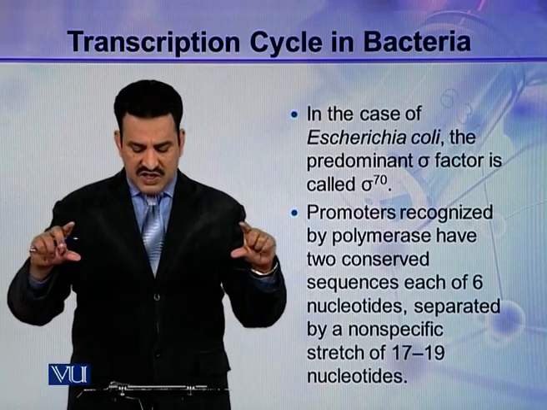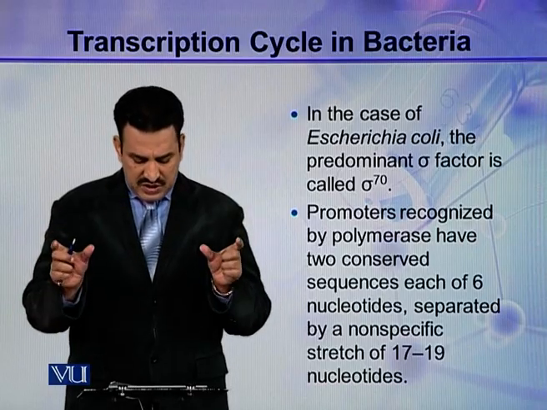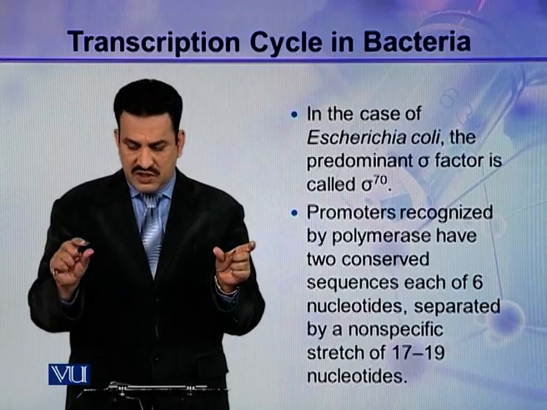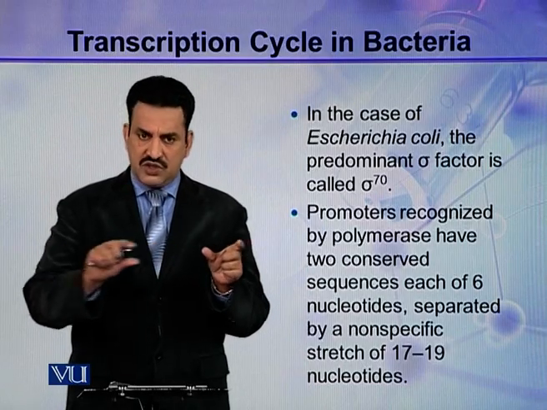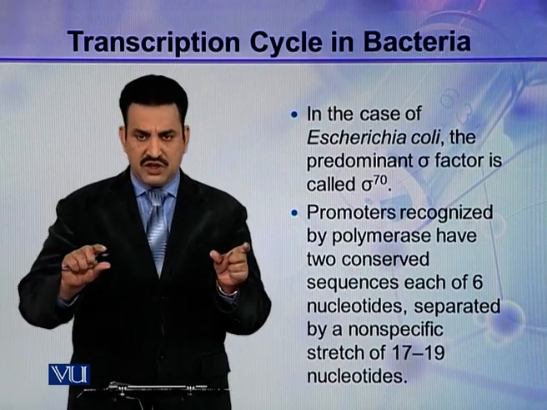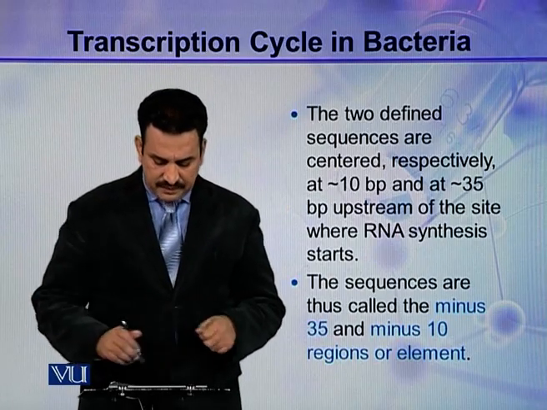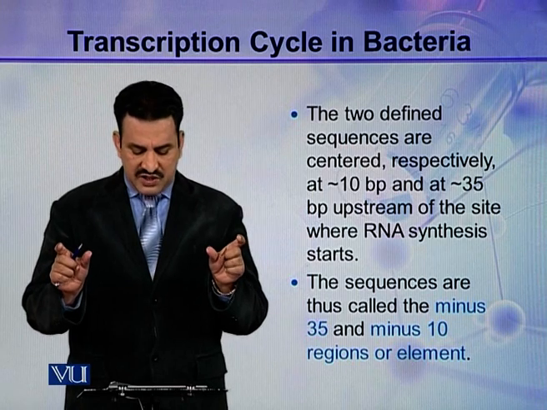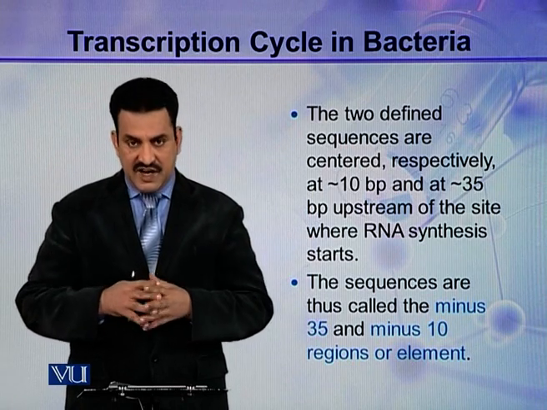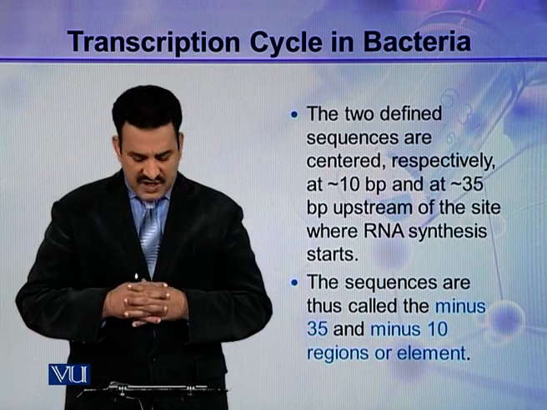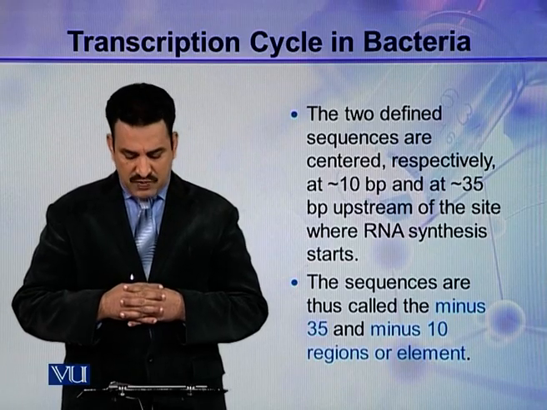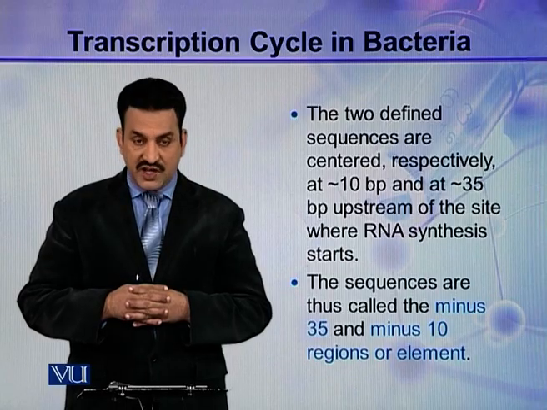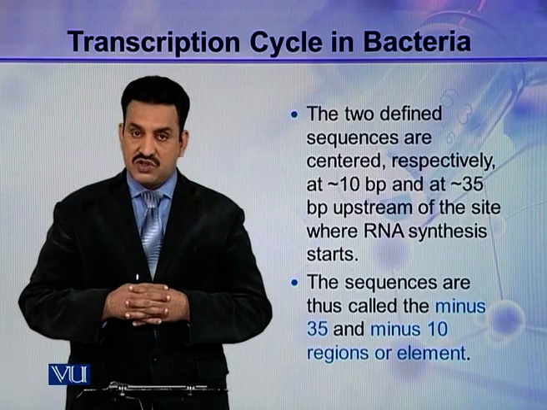So on the DNA, there are 2 conserved sequences separated by 17 or 18 or maybe 19 nucleotides. These 2 defined sequences are centered respectively at about 10 base pairs and at about 35 base pairs upstream of the site where RNA synthesis starts.